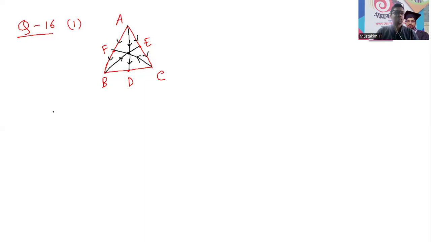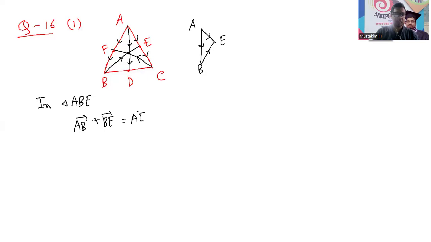Now in triangle ABE, we can write AB vector plus BE vector equal to AE vector.